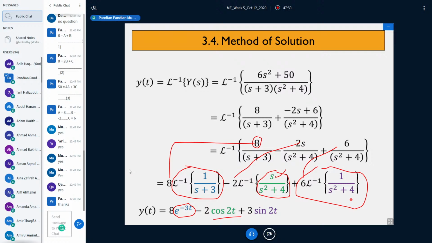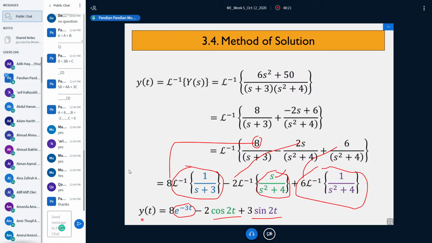You have to match with formula number 4 with this problem. So sine kt equals inverse Laplace of k over s squared plus k squared. So k squared is 4. Therefore, k must be 2. So you put here k as 2, then you have to adjust 6 divided by 2. So 6 divided by 2 will be 3. So therefore, 3 sine 2t, because k is 2.